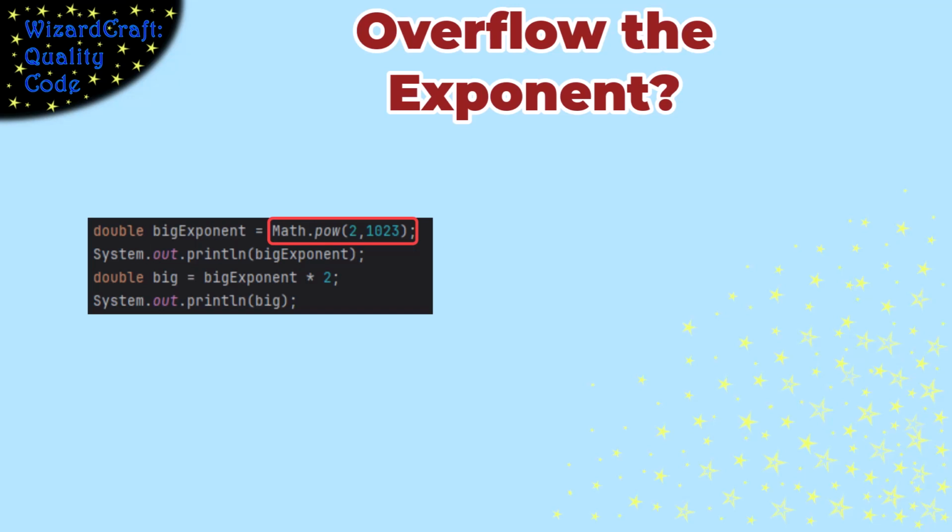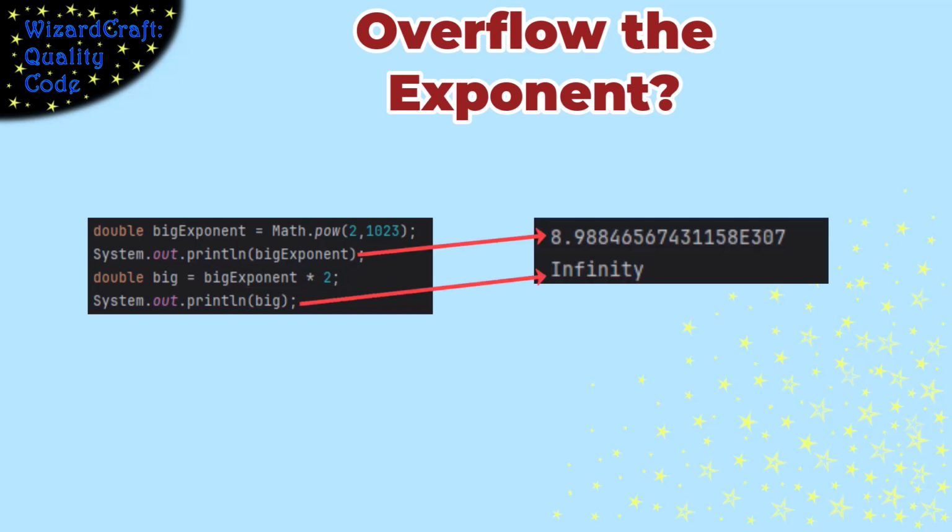Details in that IEEE 754 video. Multiplying that by 2 would make the exponent too big to hold. Let's see what happens. Ooh, unlike integers where overflow resulted in weird behavior, it gives the value infinity, which basically means that it's smart enough to know that the number got too big.